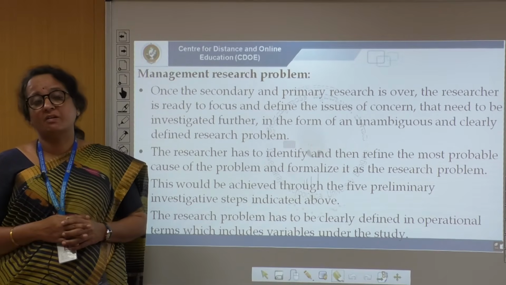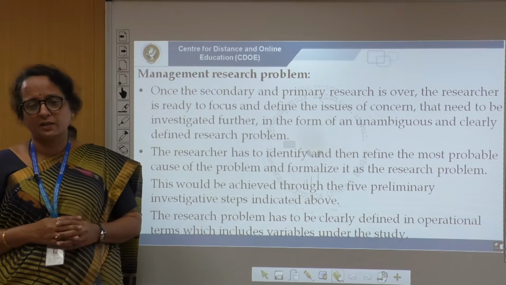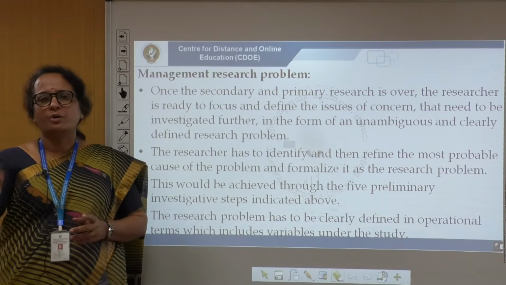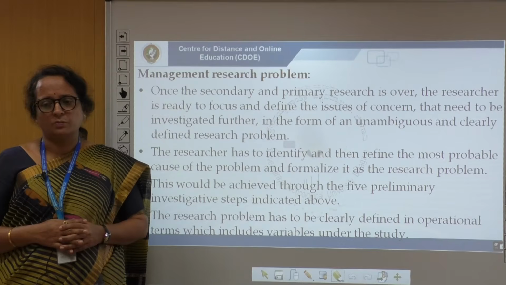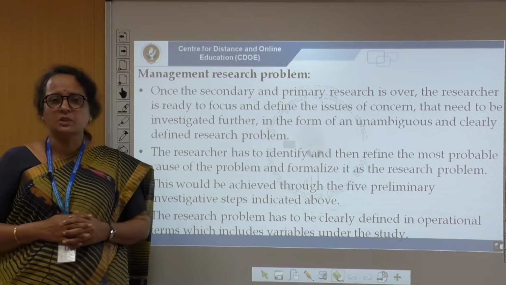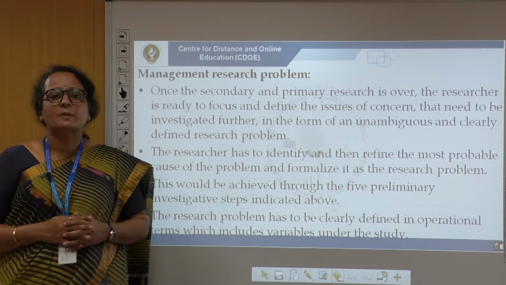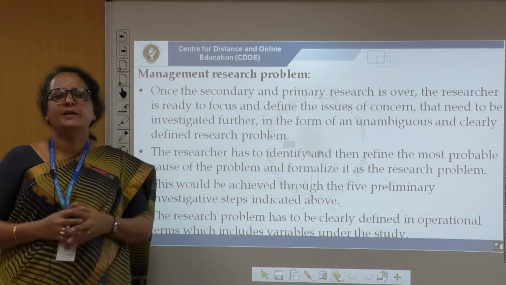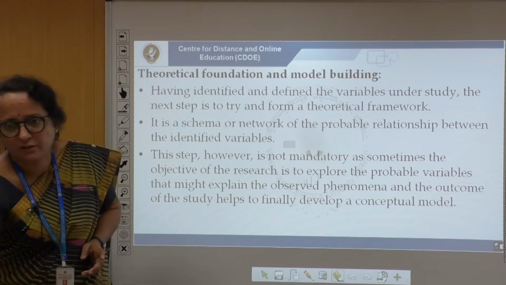All these 5 preliminary investigative steps will be followed in order to define the research problem. The research problem has to be clearly defined in operational terms, which includes the various variables under study. We will discuss the various components of the research problem in detail in further sessions.